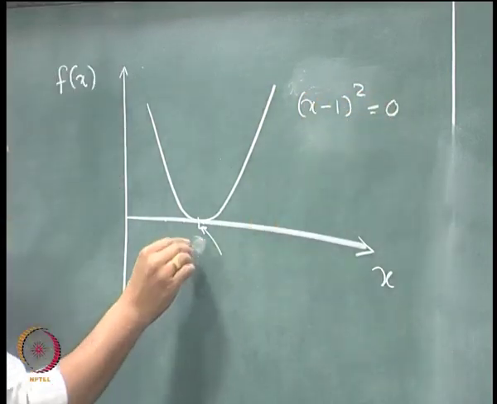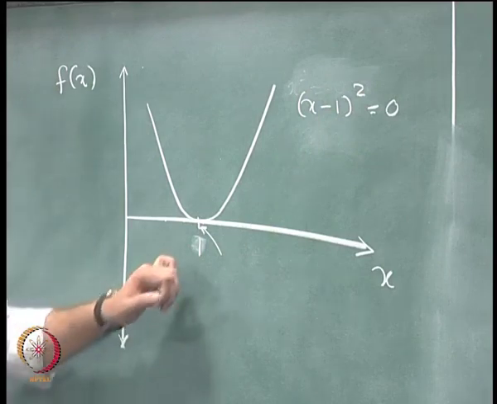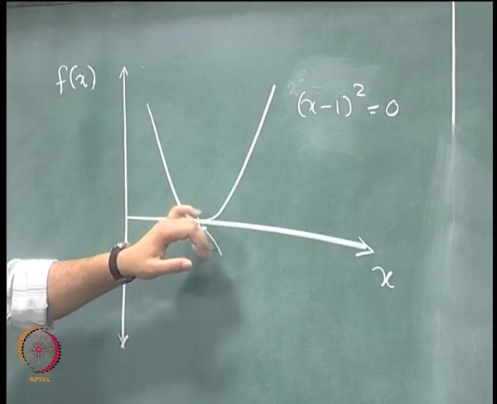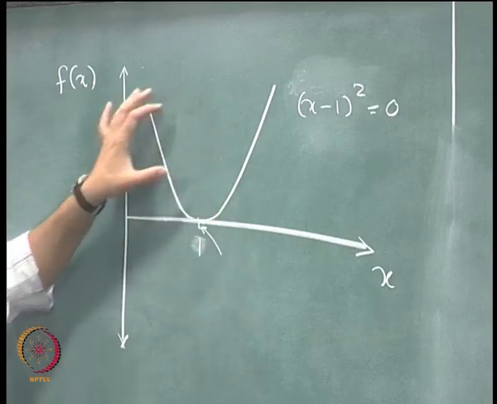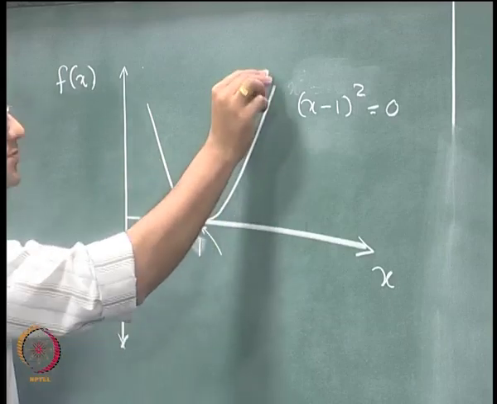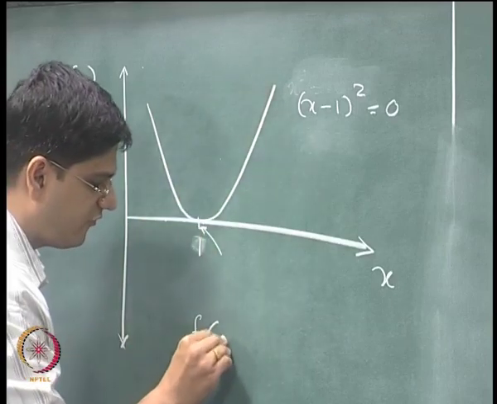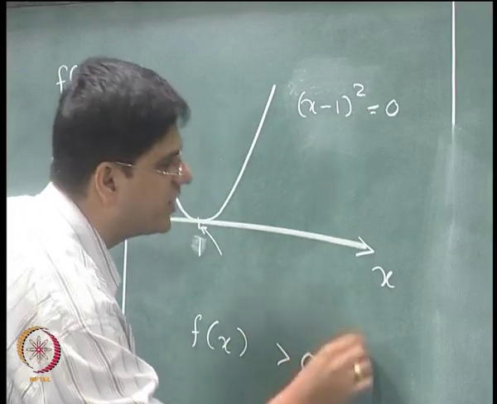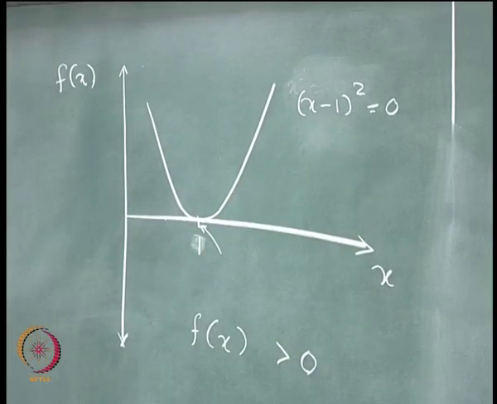In that particular case the point 1 comma 0 is the true solution of this equation. But at any point you take along this curve, our f of x is going to be greater than 0 for any point which is not x equal to 1.